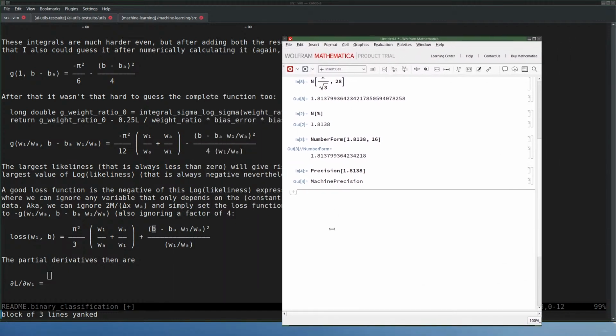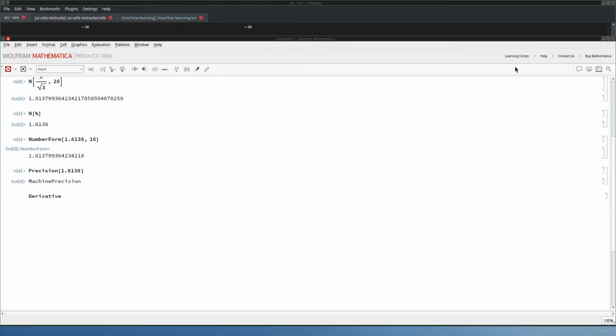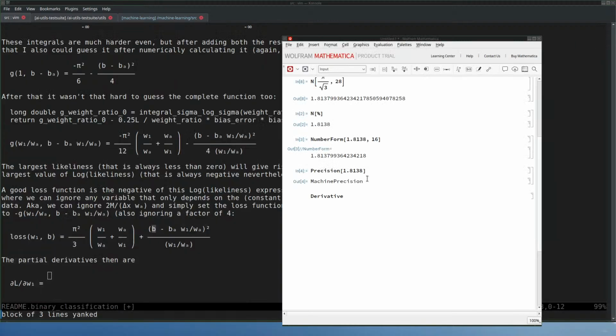I never used this before, and this is just a trial that I temporarily have. Here's derivative. Oh, it opened it in the browser.